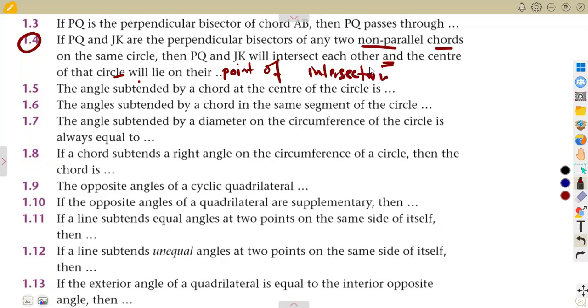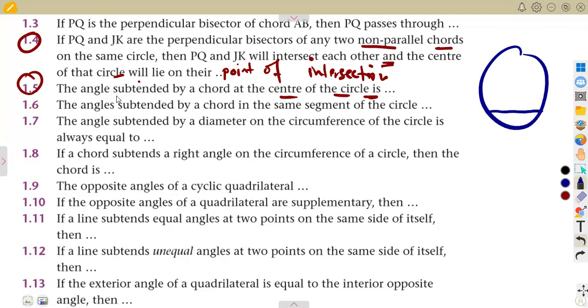Intersection. So this is what you're going to need in this case. The angle subtended by a chord at the center of the circle is... remember, to subtend is to create.